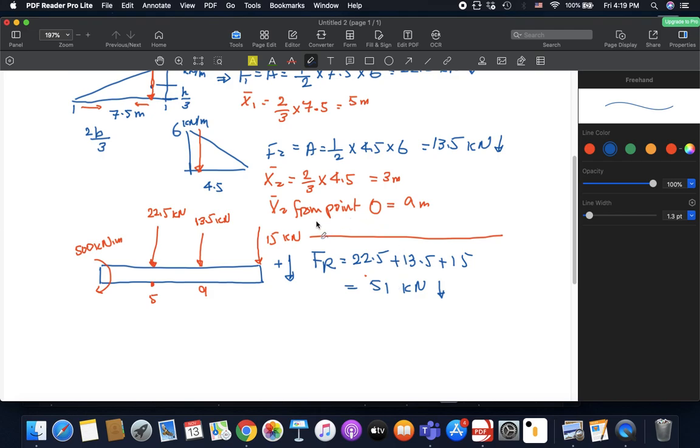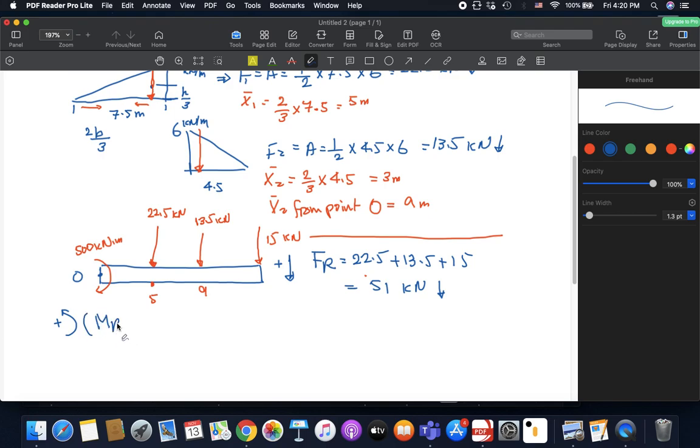Okay? Now, this force, 51, multiplied by the distance, it should be somewhere on the beam, probably not on the beam, as we will see later. So it should be somewhere here at a distance of x or x bar from point O. This is point O, right? So now let's just write it down.